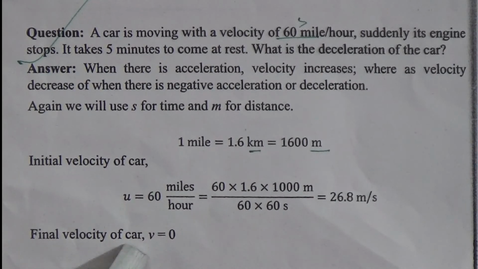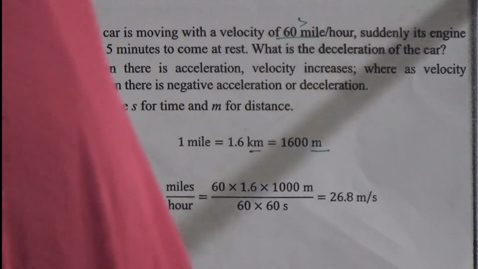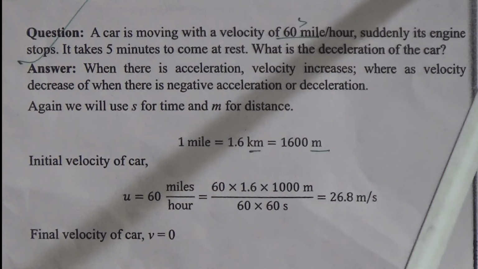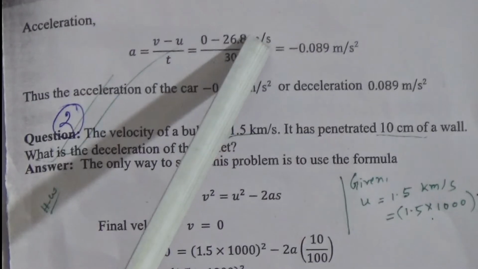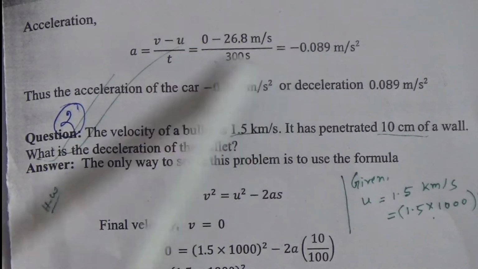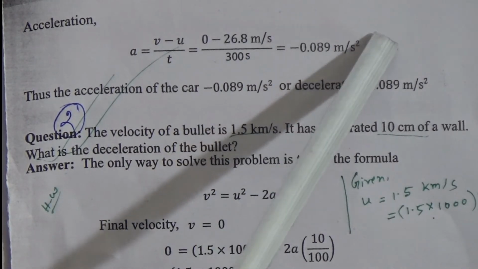Now final velocity of car v equal to 0. We consider final velocity of car v equal to 0, then acceleration, we know the definition of acceleration, a equal to v minus u by t. Then put the value of v and u and t, then we get the result minus 0.089 meter per second square.